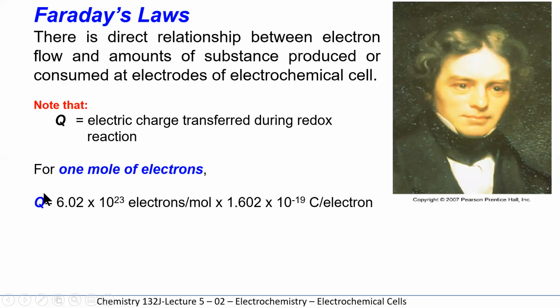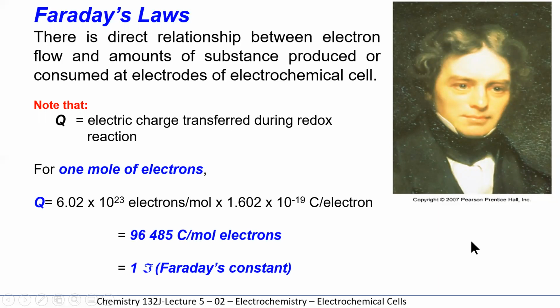So we can figure out the charge on a mole of electrons by knowing the charge on a single electron. The charge on a single electron is given as 1.6 times 10 to the minus 19 coulombs for every electron. If we multiply that number by the number of electrons in a mole, we end up with the charge on a mole of electrons, which will be given to you on your formula sheet for calculating these types of problems.